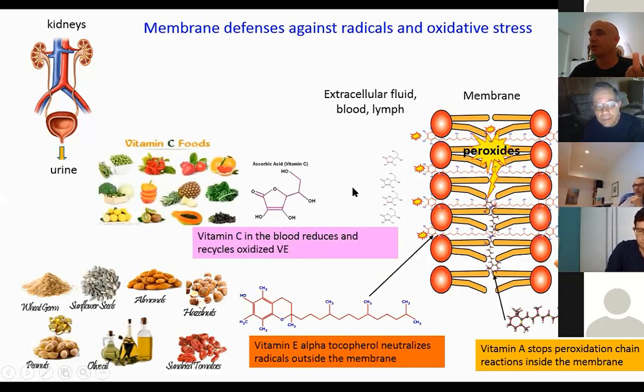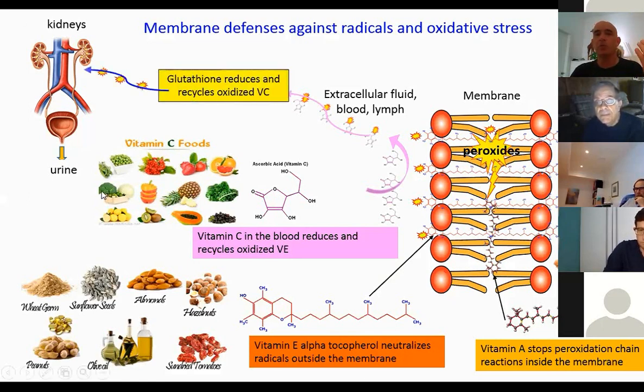So we have vitamin C, which we also got from the food, from vegetables and fruit. And the vitamin C has a higher affinity to these protons, and it takes them away from the vitamin E, and it floats in the blood. Normally it will meet glutathione, which our body manufactures by itself, and the glutathione, when it's oxidized, will be excreted in the urine. You will urinate it.